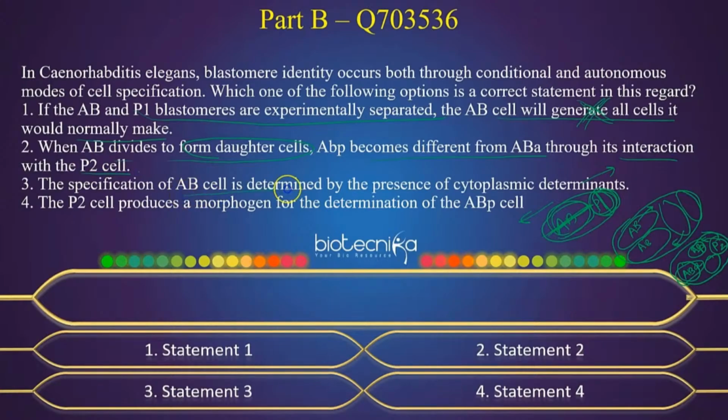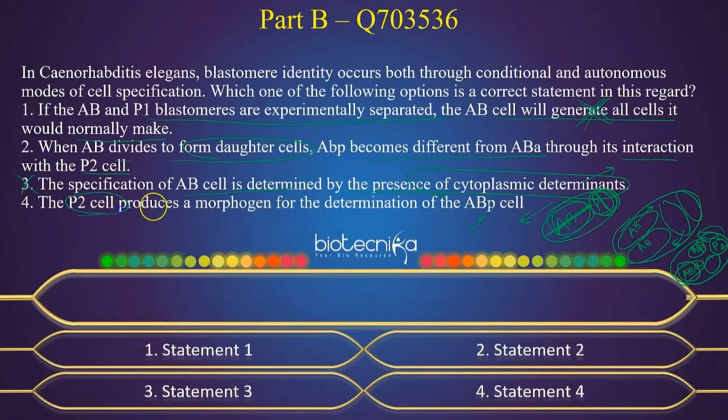The specification of AB cell is determined by the presence of cytoplasmic determinant. Cytoplasmic determinants are present inside the cell, because of which a cell takes up a particular fate. It doesn't need any signal from outside. But ABP requires signal from P2. So why would it need signal from P2 to become ABP if it already has cytoplasmic determinant? So this also cannot be correct.